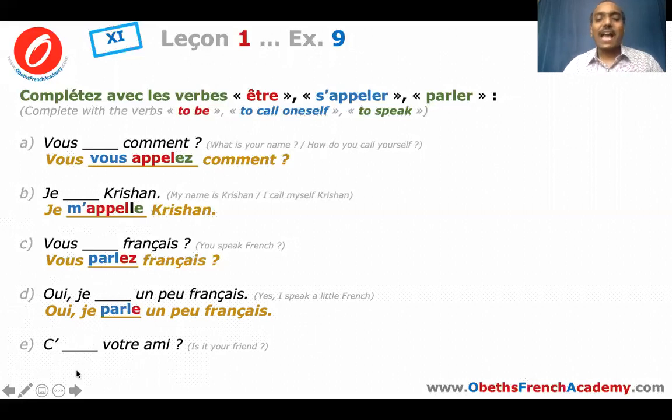So is, actually it has come from this verb he is, she is, from this verb être. So your is will be est. So whatever you do for the subject pronoun il, it is il est. For elle, the same thing, you need to put for ce or c apostrophe. So finally you'll get c'est votre ami, it is your friend.